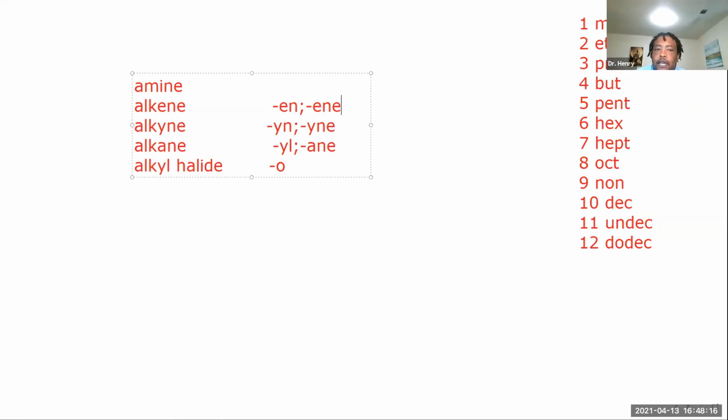So this here, say the back part will be the suffix, the prefix would be amino. Like your amino acids, right?